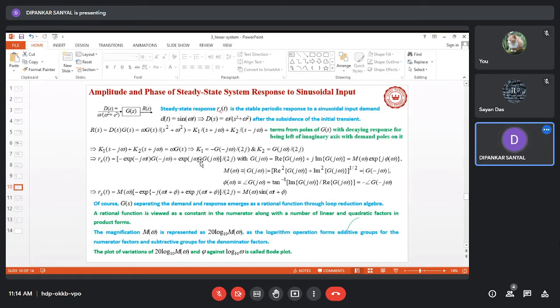So this G(jω) will basically have one real part and one imaginary part, and this together could be written in this form, where this M(ω) we call either a gain or amplitude, and this phi we call the phase difference.